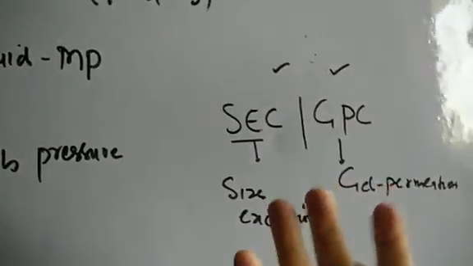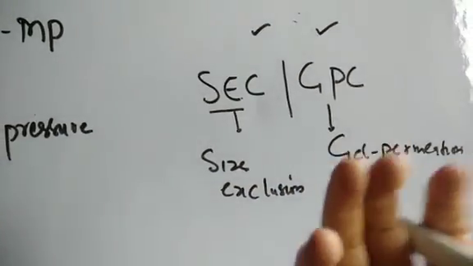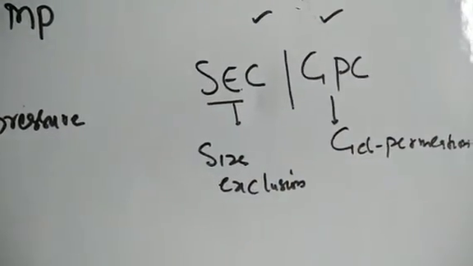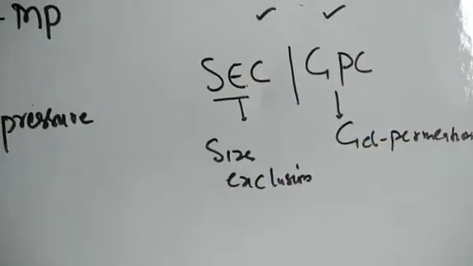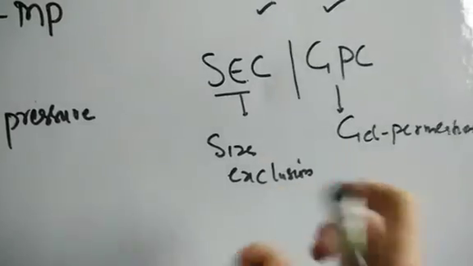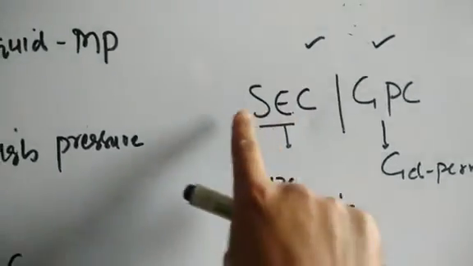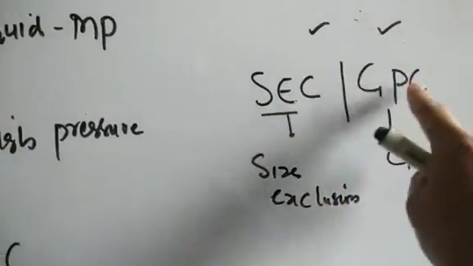So basically we are in a position to separate the chemical compounds based on the size. हम लोग material pack करते हैं, jelly like material, इसमें size pores होती है, then with the help of those pores we are in a position to separate the different materials. So called size exclusion chromatography or gel permeation chromatography.